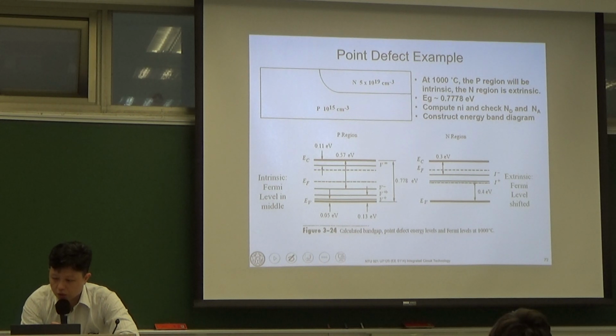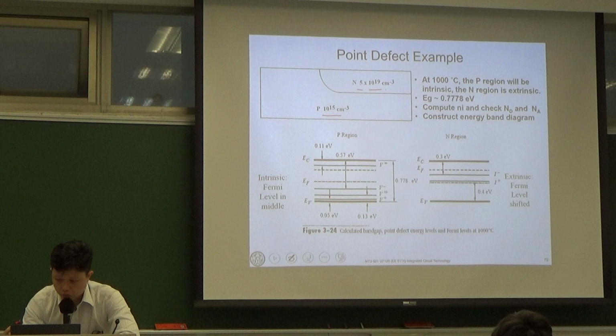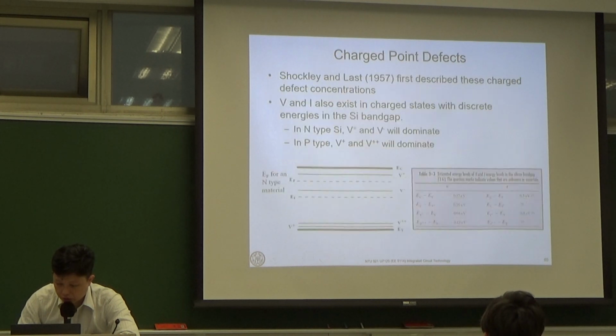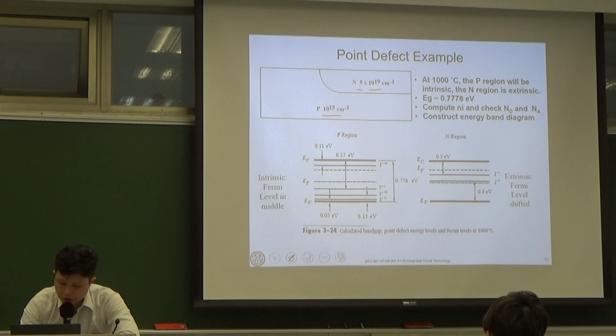When we do diffusion or implantation and create a PN junction profile like this, we can quickly calculate these numbers. This is the band gap, and we plot all these parameters, these numbers, and we can draw this band diagram.